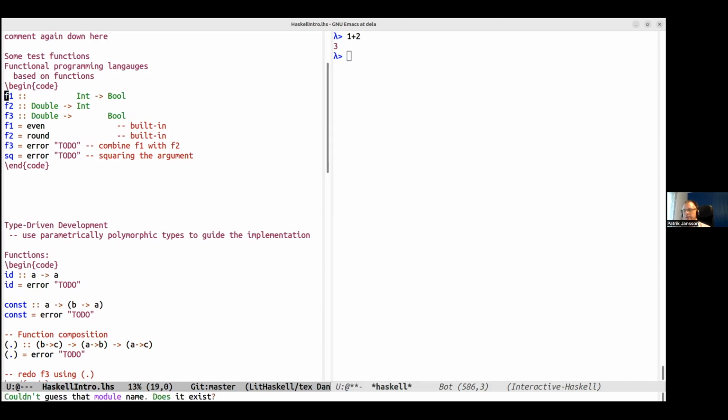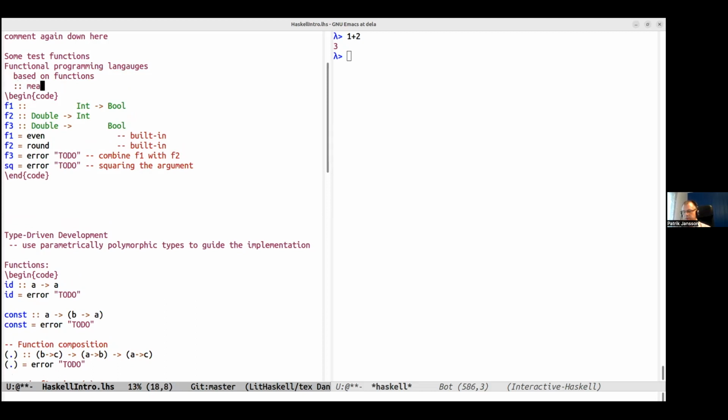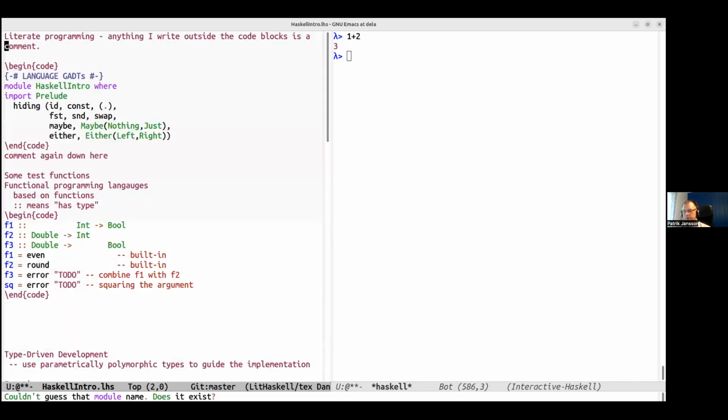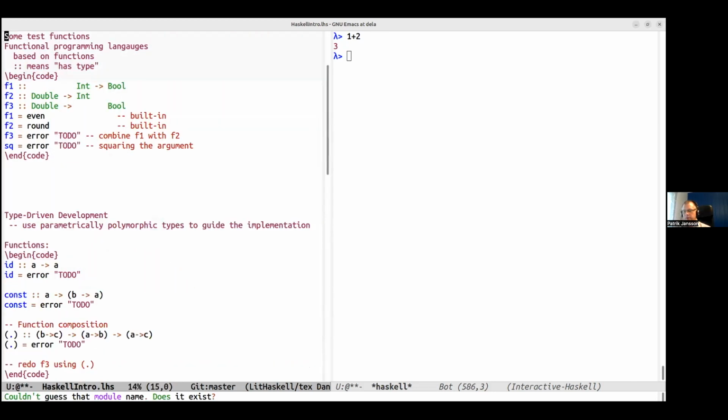So F1 here is a function, and the colon means "has type". So F1 has type int arrow bool, meaning it takes an integer as an input and returns a boolean as the output.